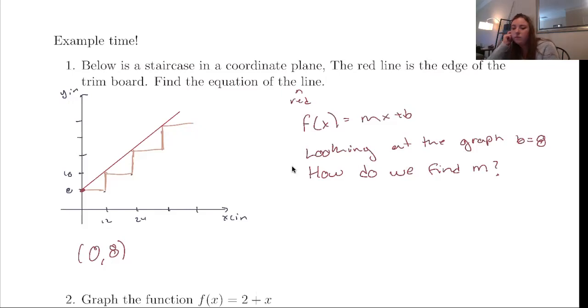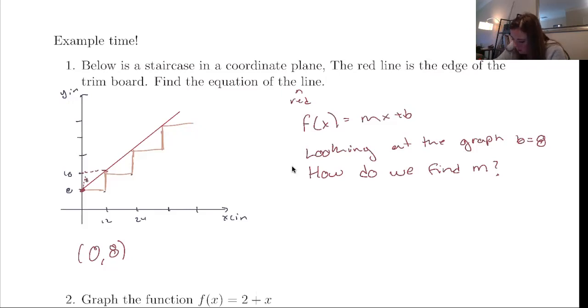How do I find the slope of this red line? Great, Ronald. So how many units does it go up and how many units does it go over to the next point of the staircase touching the red line? So Ronald's talking about my rise and then my run. I'm going from 8 to 16 and running over from 0 to 12.